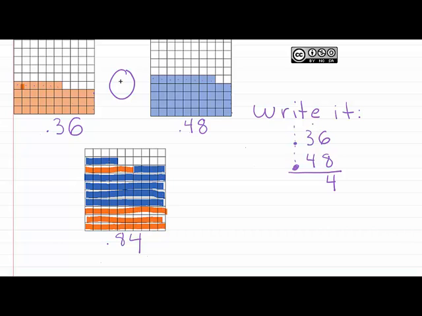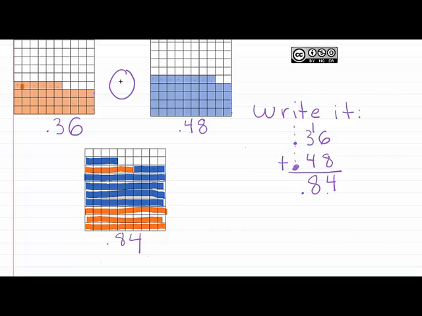So I can carry 1/10 into the next column. So now I'm going to add my tenths column, and I've got 1 plus 3 is 4, and then I take that 4 and I add on another 4. So now I've got a total of 8. Then the last thing that we need to do is bring down this decimal point. And we'll put a plus sign here so that we remember that we're adding.